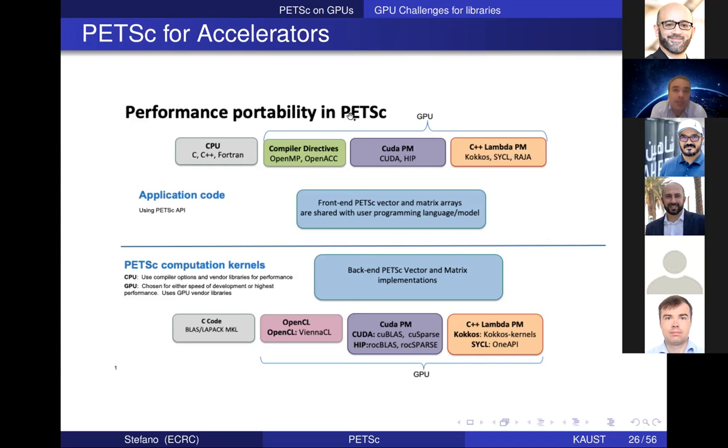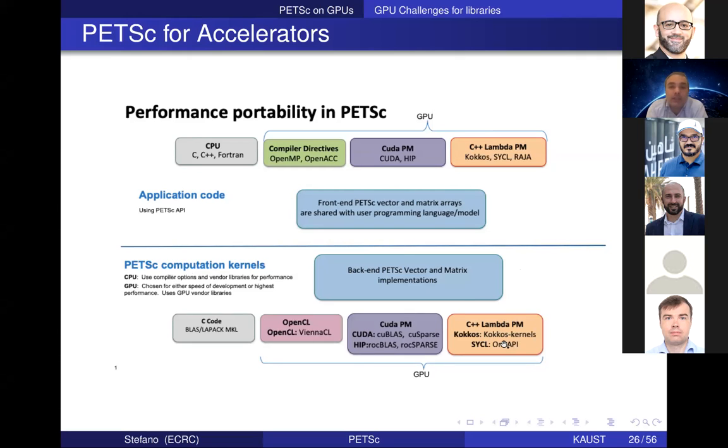The application may choose to use CUDA or HIP as a programming model. You can use Kokkos, for example, SYCL or RAJA. This is completely up to the user, or even use OpenMP or OpenACC, whatever the user wants. What PETSc provides is the possibility of sharing memory space with the user, so that there are no copies back and forth with the matrix and the vectors that are used by PETSc.